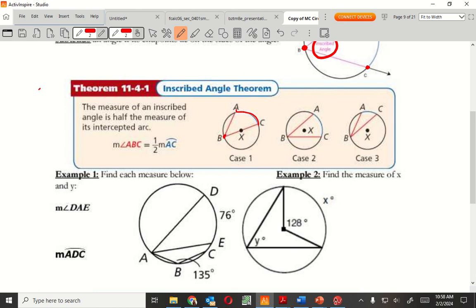It's always going to be 1/2. So if this arc A to C is 50, angle B over here would be what? 25. Half of 50, right? Okay. It's that easy. To find the values, that's all you're going to do.